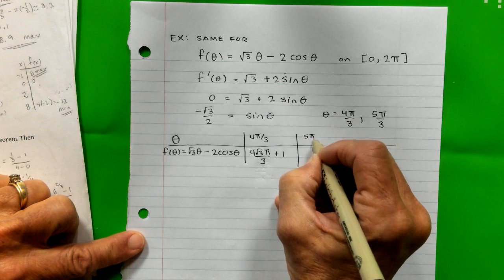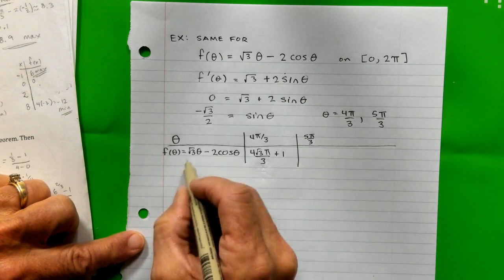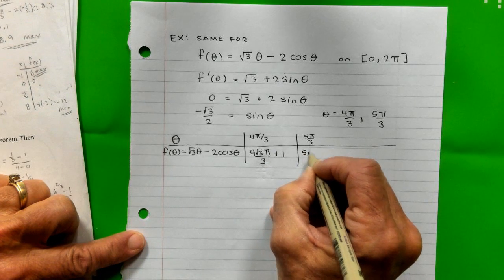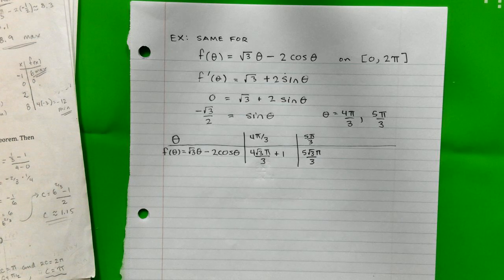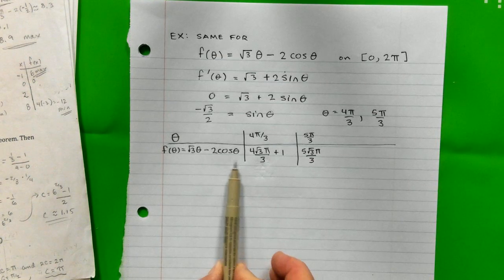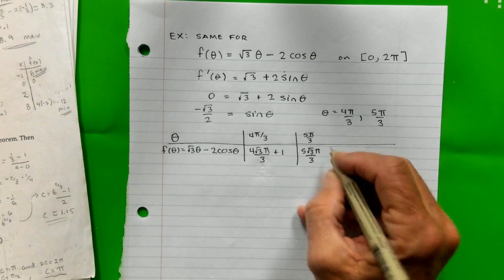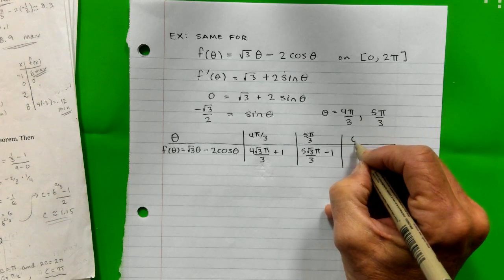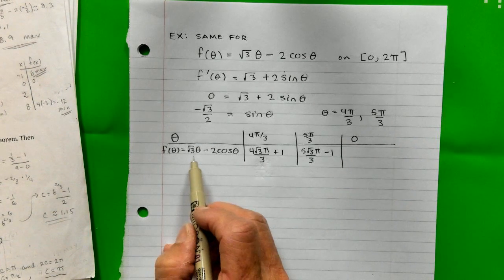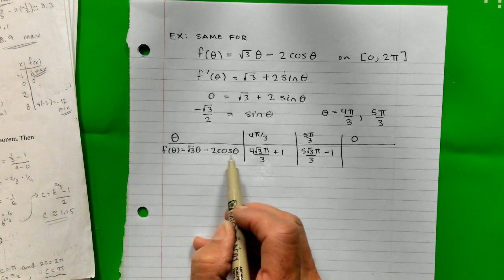5 pi over 3 times square root of 3 will give us 5 square root of 3 pi over 3. In quadrant 4, the cosine is a positive number, so I'm going to have a positive 1/2 times this negative 2, which gives me a minus 1. Square root of 3 times 0 is 0.